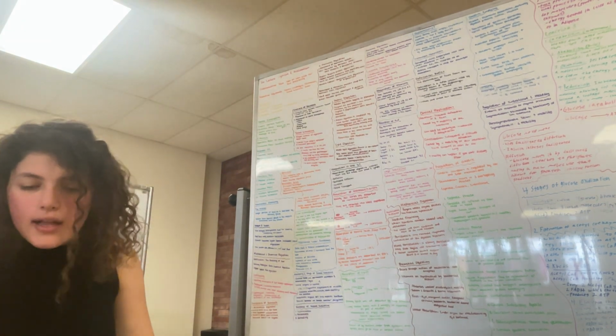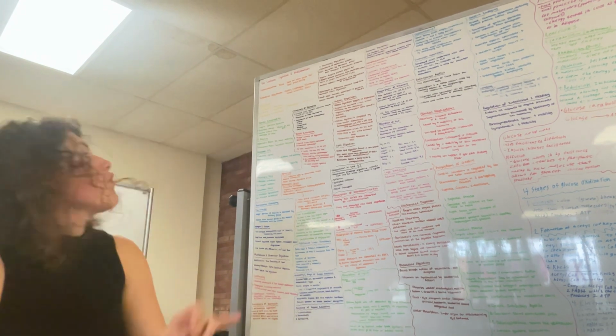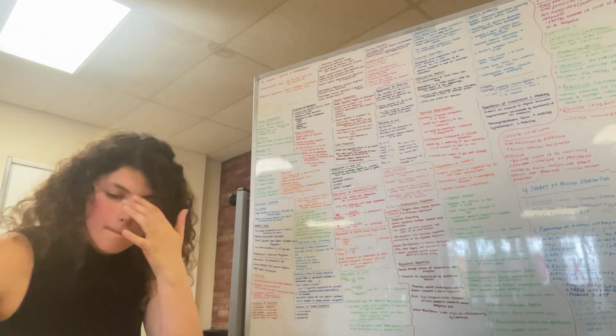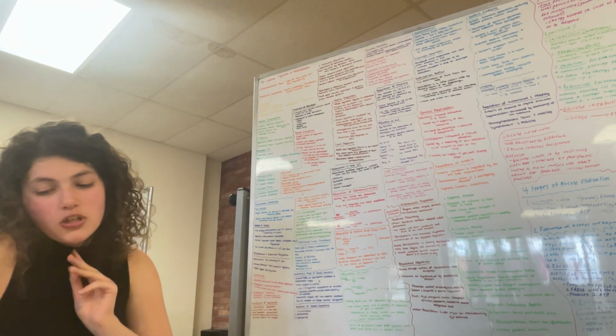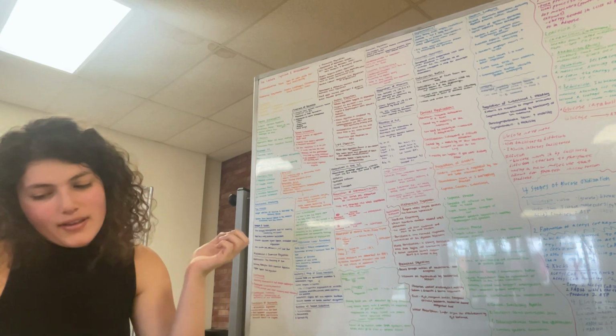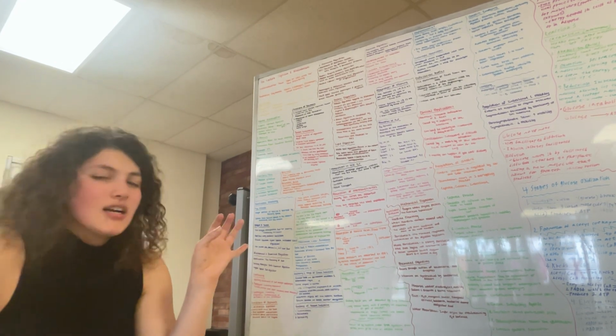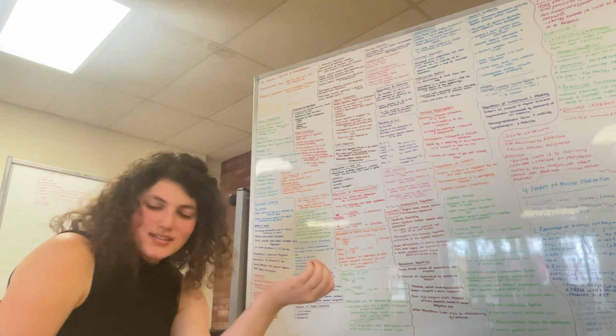Let's see. Lipid digestion in the small intestine. This will be the last part we go over, and then this will be into a part 2, okay? So lipid digestion in the small intestine. Most lipid digestion happens in the small intestine, okay? You have a little globule of fat, right?